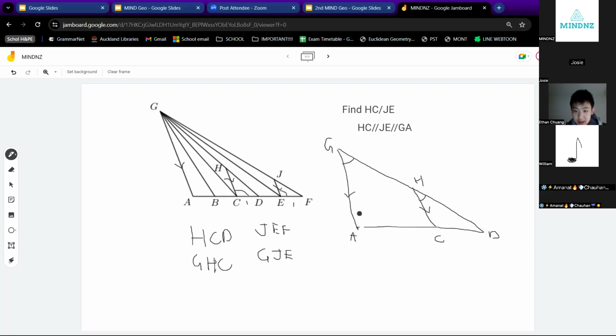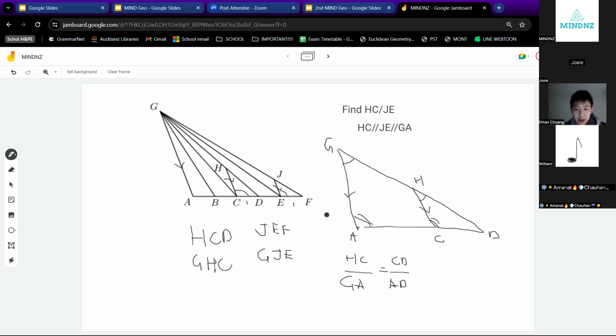This angle is equal to this angle is equal to this angle, and then that angle is shared. So these triangles are similar, and we can find ratios. So we can do HC over GA equals CD over AD, right?